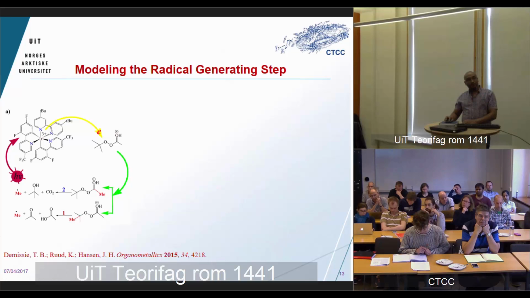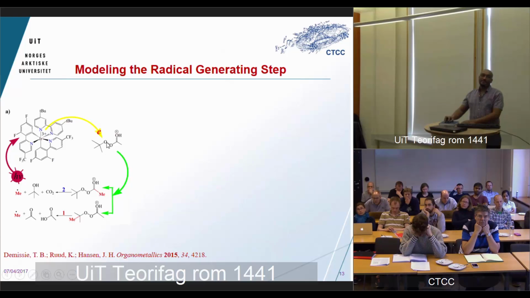As I have showed you in the previous slides, the iridium complex will absorb light, and after converting to the triplet excited state, it donates an electron to the radical source, and after getting one electron from the photocatalyst, this bond will become very loose. And also this oxygen-oxygen bond will become very loose, and the unpaired electron will be populated on this oxygen atom.